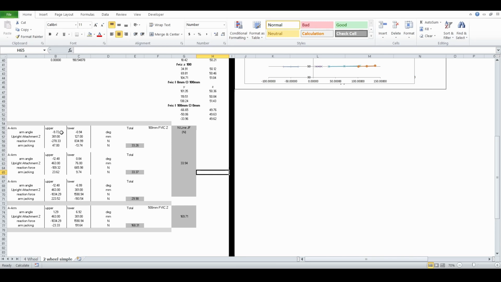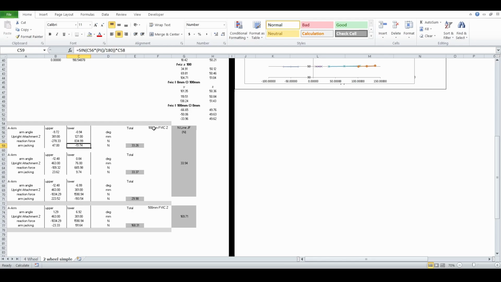But what we have here is just taking the A-arm angles where they attach to the upright and using 1G of lateral force, finding the reaction force through the A-arm, and then finding the vertical component of the force in the A-arm. So I did that for different upright locations, which changes the A-arm angles.